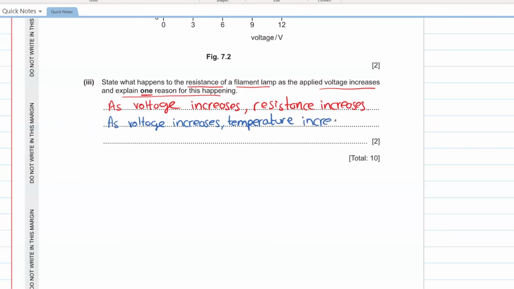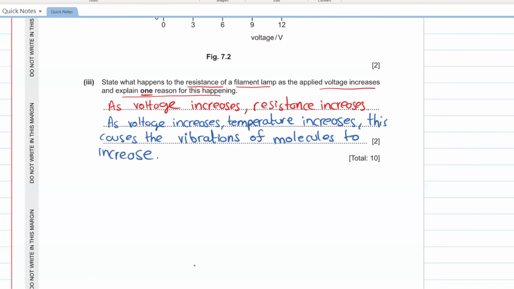Perfect. This causes the vibrations of molecules to increase.